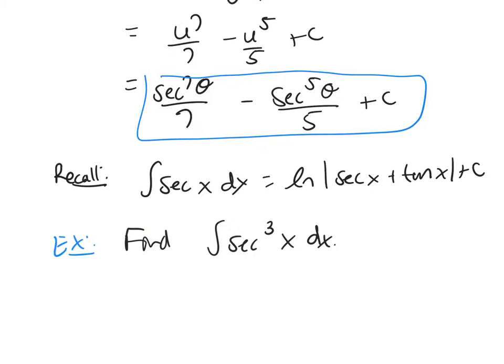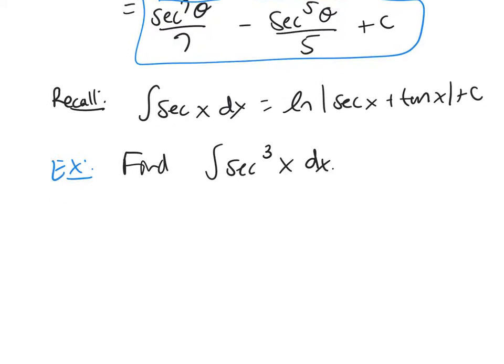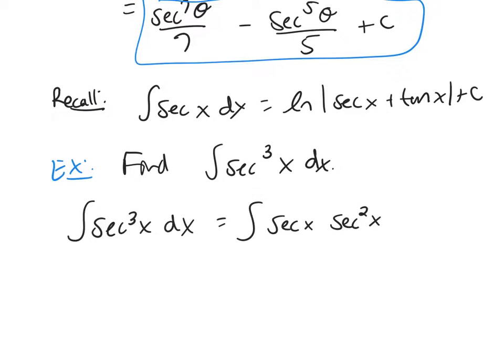Now this integral doesn't fit into either one of our rules because the power of secant is not even and there's no tangent, so the power of tangent isn't odd. And so the way we're going to do this is we're going to split secant cubed up into secant times secant squared and use integration by parts.